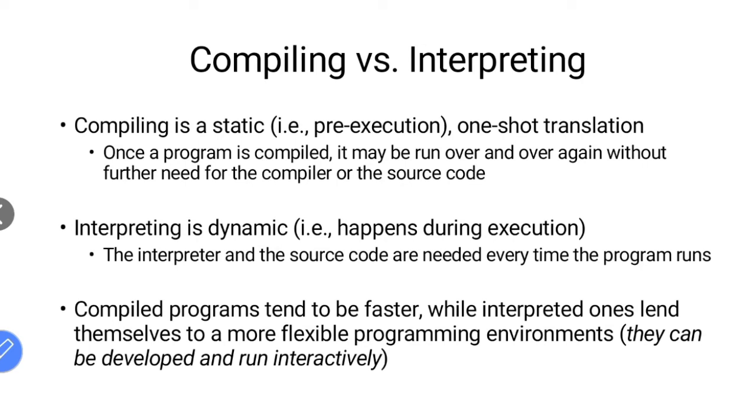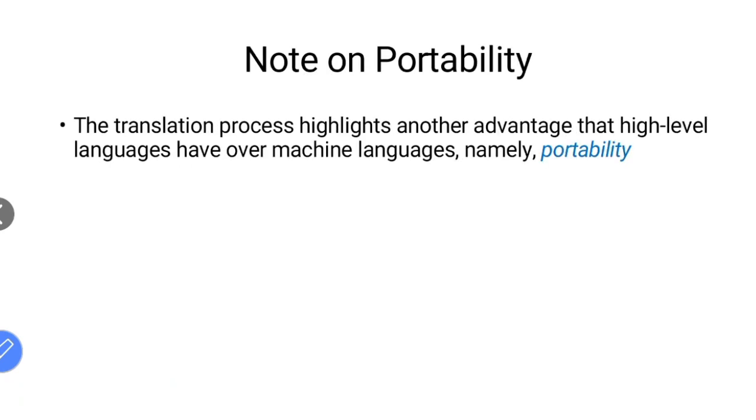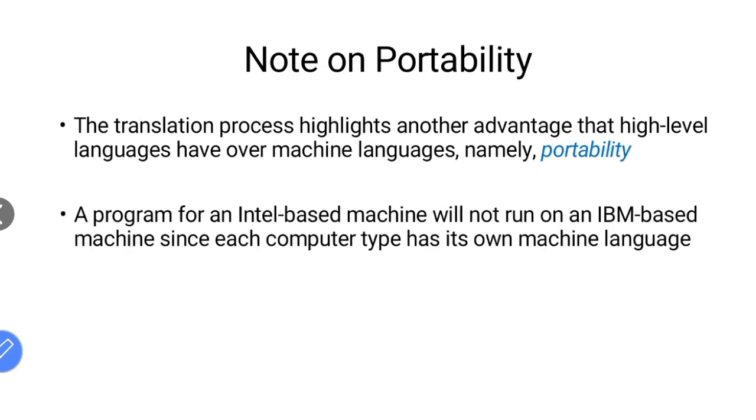Compiled programs tend to be faster, while interpreters lend themselves to a more flexible programming environment. They can be developed and run interactively. Note on portability. The translation process highlights another advantage that high-level languages have over machine language, namely portability. Just like Java, Java is a portable language.